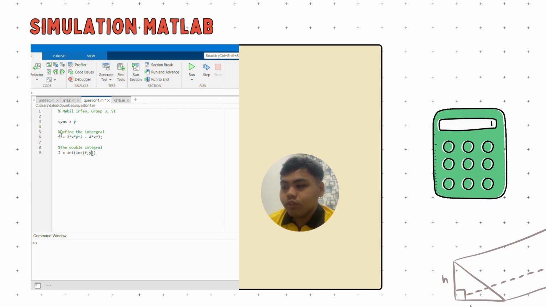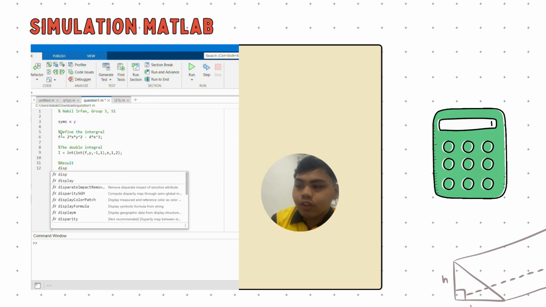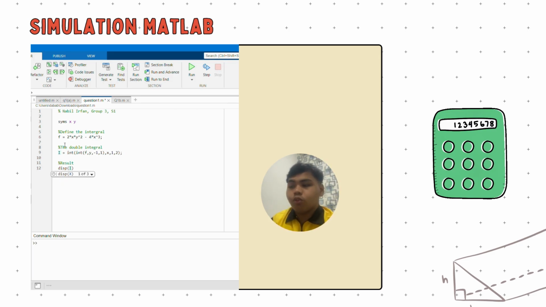After that, we put I equals to the operation, int, and in the bracket int, we put the variable, which is f, y from negative 1 and 1, and then x from 1 and 2, which are the given values in the question.